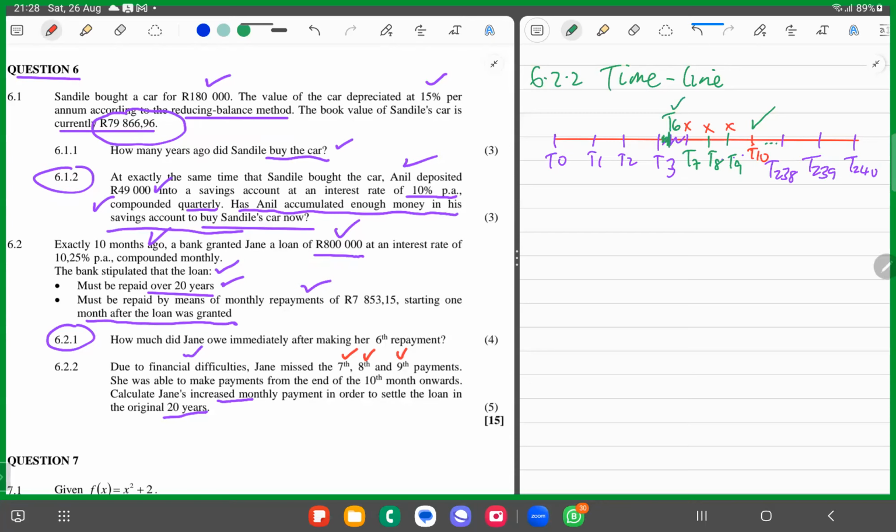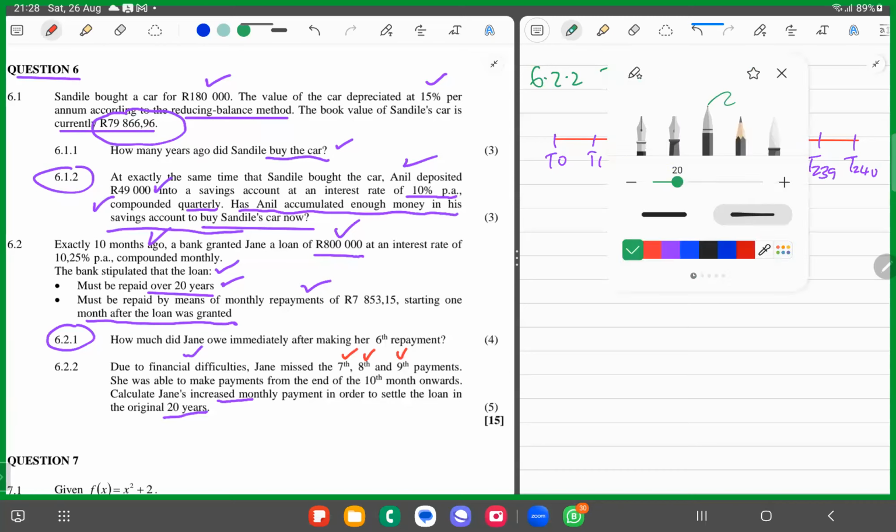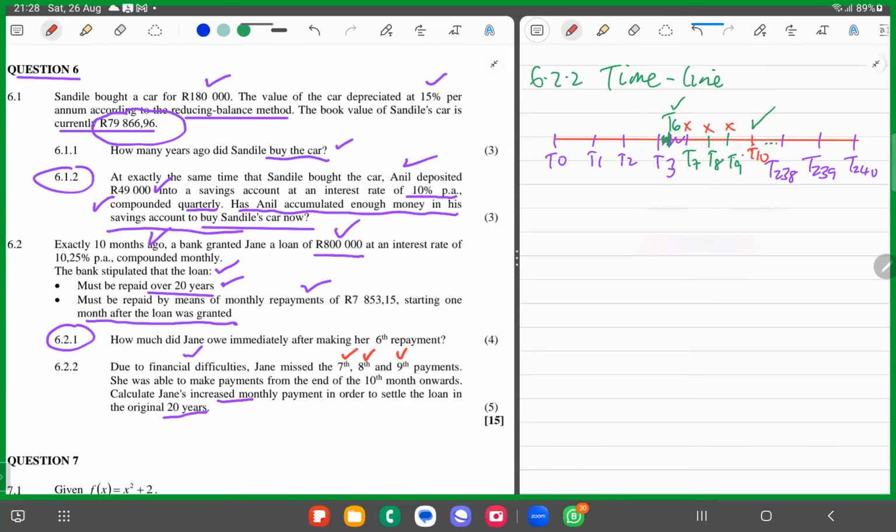Right, so calculate Jane's increased monthly payment in order to settle the loan in the original 20 years. Now, Jane was supposed to increase the payments a little bit. By how much would she increase the payments now that Jane is supposed to settle the loan in the original 20 years?